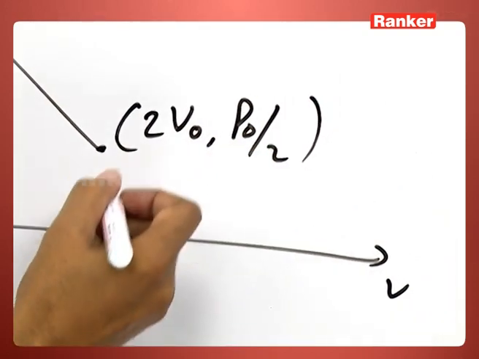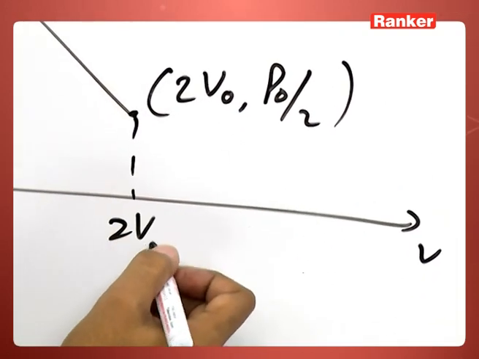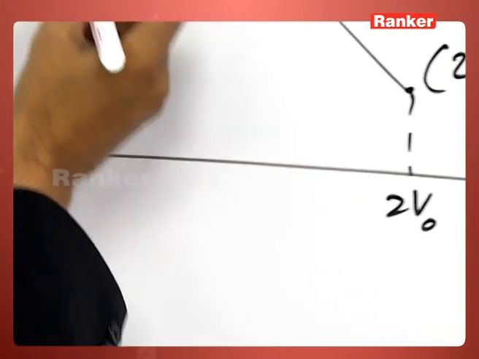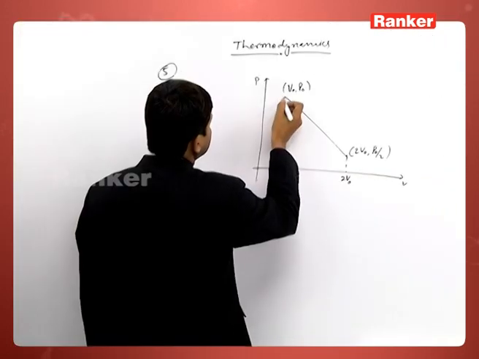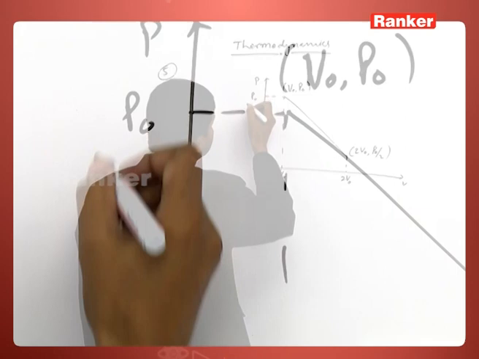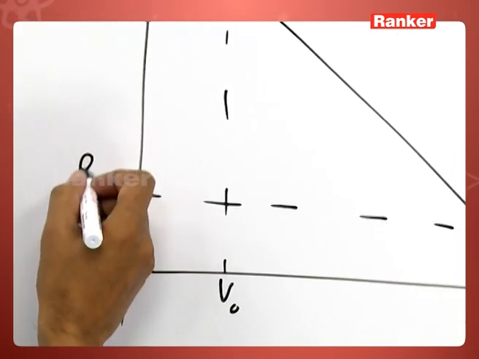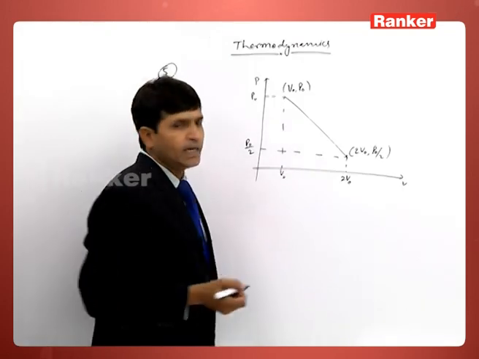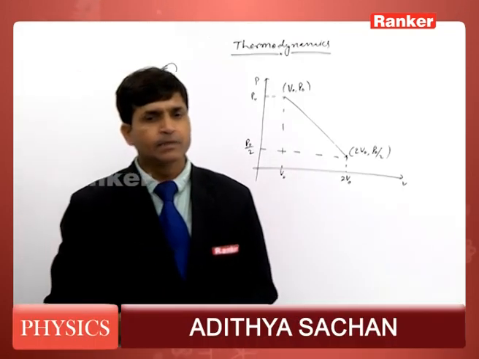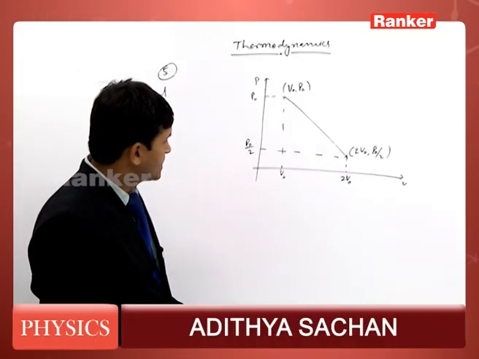So we can say here 2 V0 and this is V0, pressure P0, and this is the pressure P0 by 2, and they are asking for the maximum temperature in this process.